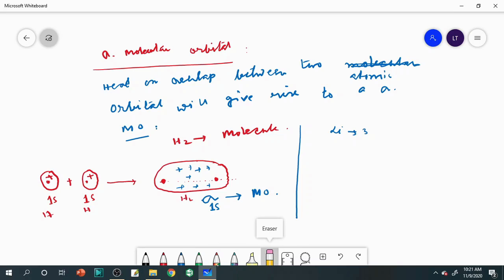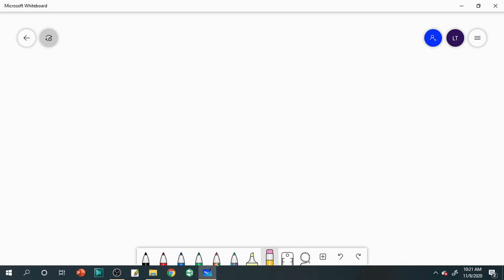I am erasing the canvas. Antibonding molecular orbital, how will it be formed? In this particular case, say this is a nucleus with a 1s, and this is another nucleus with another 1s, but now the sign is opposite.